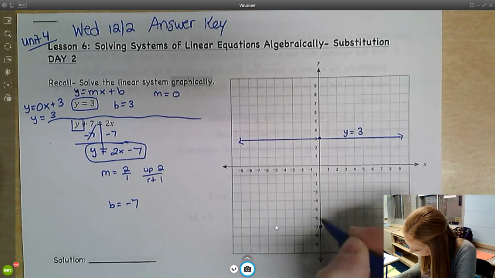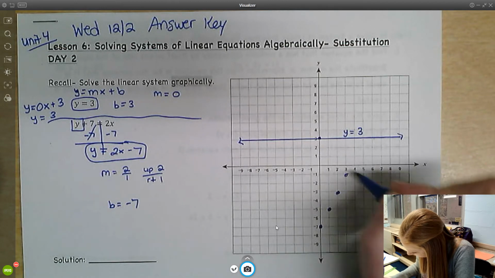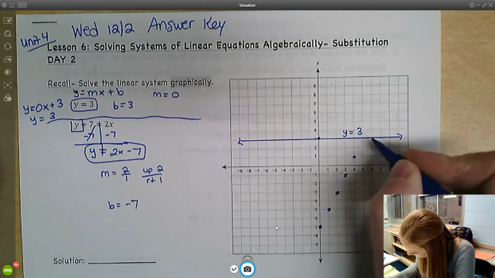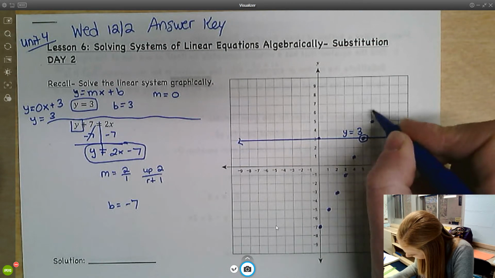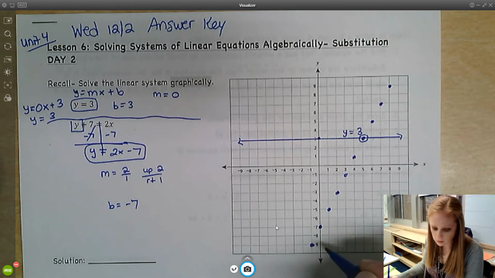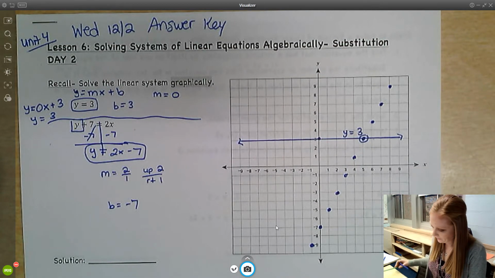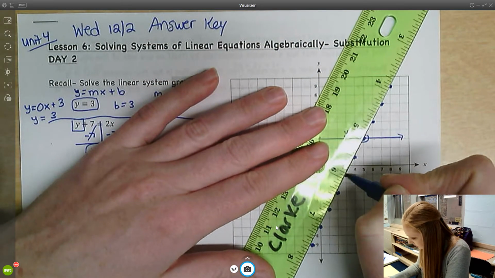And we're going to move up 2, right 1. As soon as it hits, circle it. Go down 2, left 1 to make some more room. And now we have our system graphed.